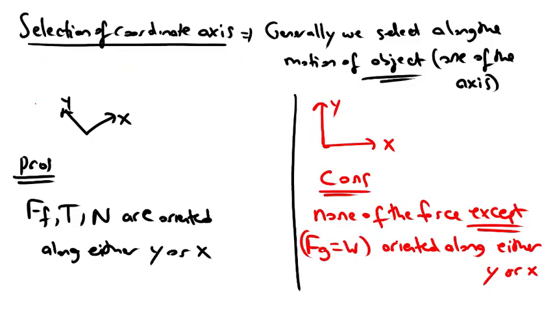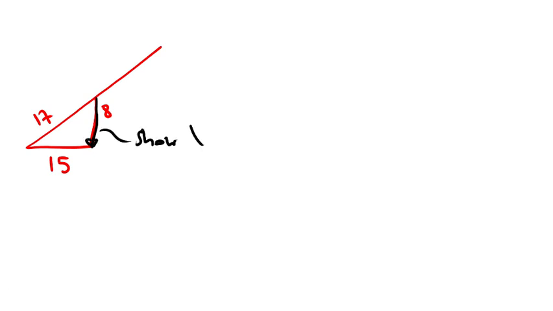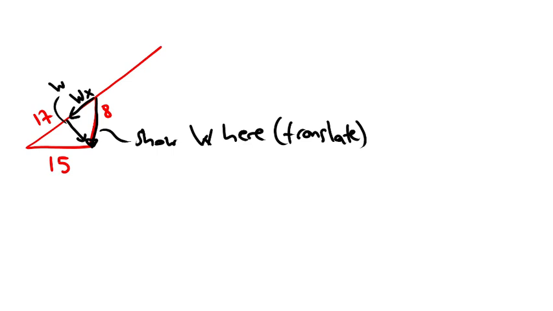For that one, let me go to one more slide here. So I have the body here, and then I have 15, I have 8, I have 17. I show W here, it's like a translation, and then this W will have again the components wx and wy.